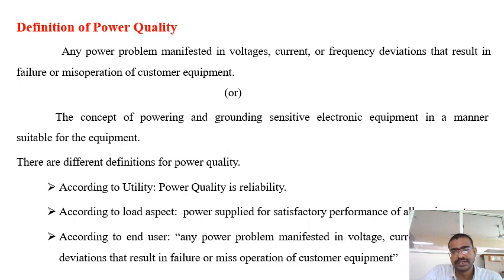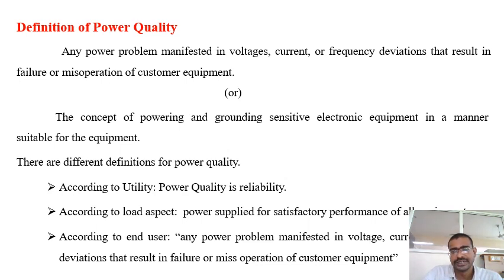We already know that power quality issues may arise in any part of the supply chain, so there are different power quality definitions at different stages: the distribution side, the transmission side, and the load side.